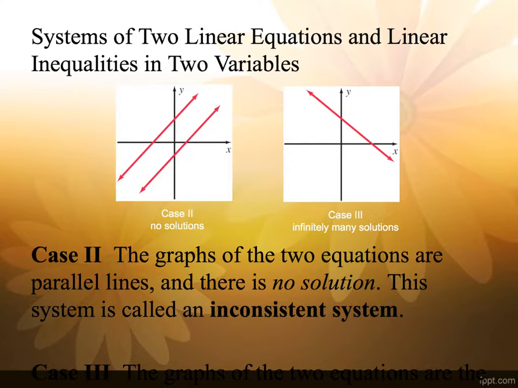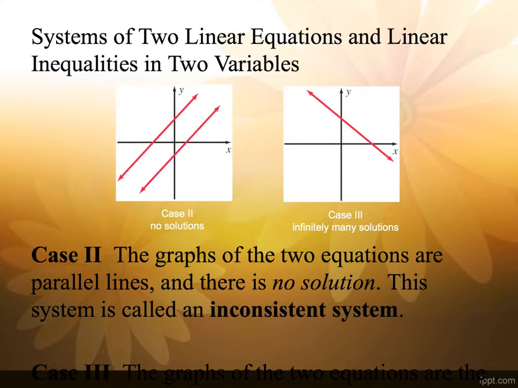Now, with regards to case 2 and case 3, case 1 is pretty obvious. There's one solution, so you'll find one x value paired with one y value that will be a solution to that system of equations. Case 2, though, there are no solutions, and we call that an inconsistent system.